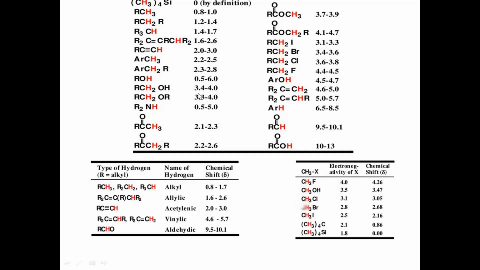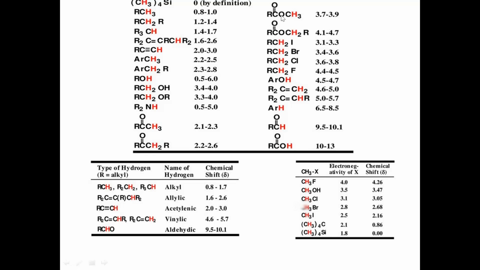Ether or OH groups will appear at 3.4 to 4.0, and amine at 0.5 to 5.0. When an electron withdrawing group is attached to carbon, the proton will be deshielded, and electronegativity also affects the delta values.